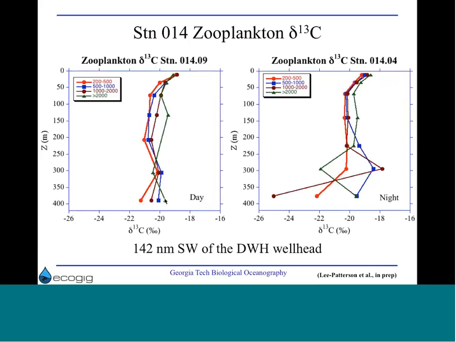If we go yet farther to the southeast, we actually see relatively little change in the upper water column between the daytime and the nighttime tows. The place where we actually see an interesting shift is down here at the very deepest area that we sampled. And it's not as pronounced in the small animals as it is in some of the larger migrators.